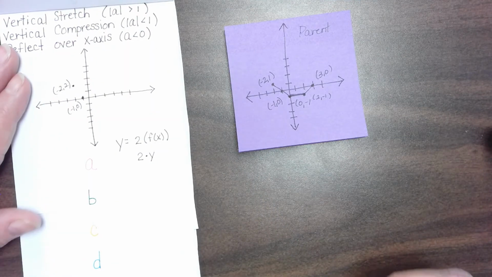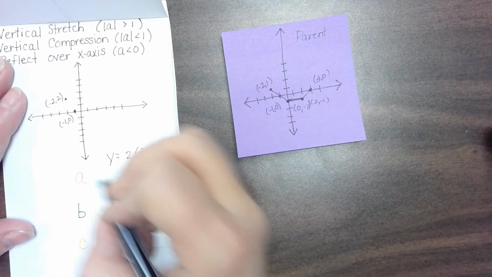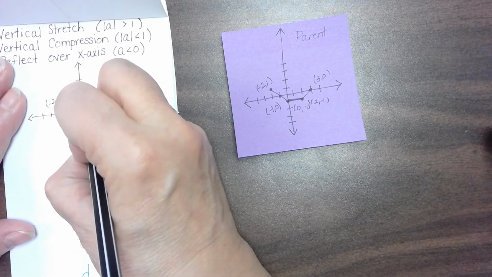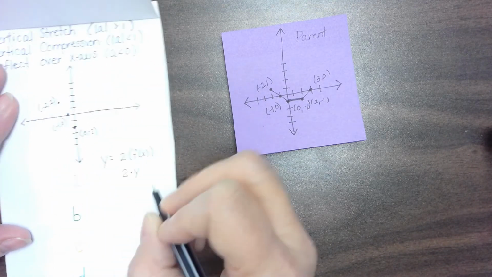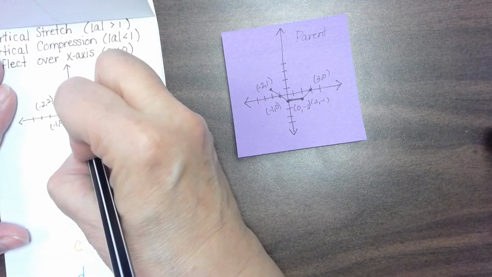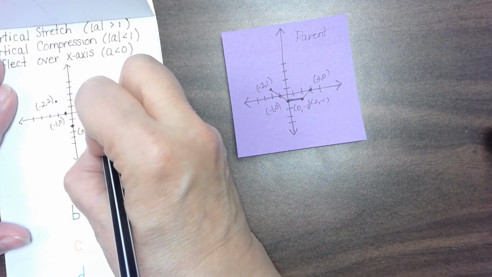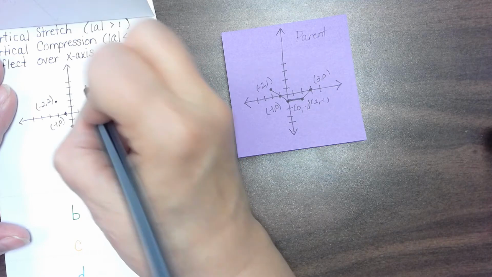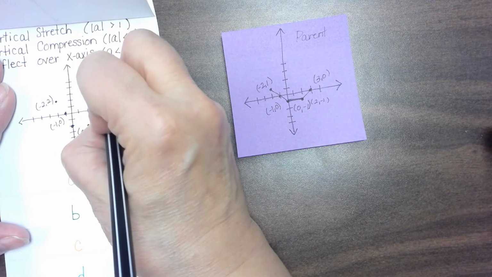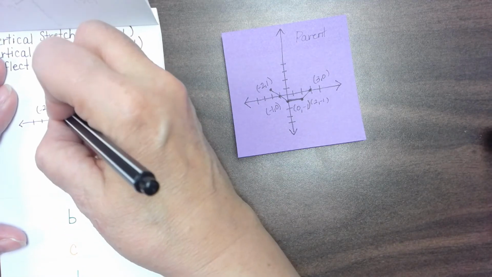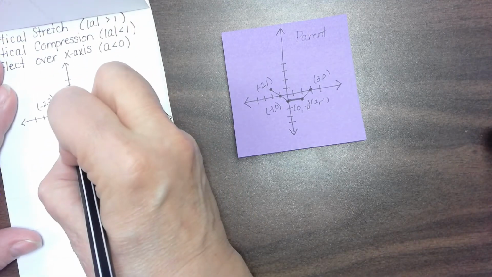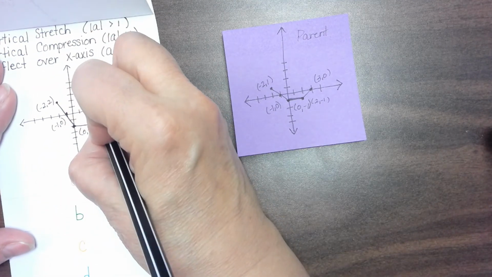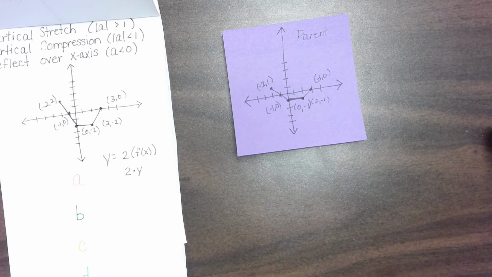We're going to end up with 0, negative 2. We're going to end up with positive 2, negative 2. And we're still going to end up with 3, 0. Since I chose 2, the absolute value of 2 is greater than 1, so we have a vertical stretch here.